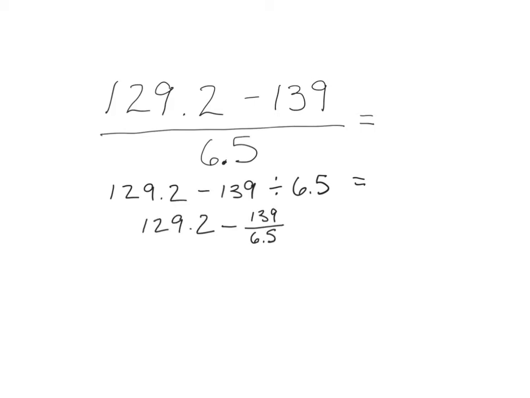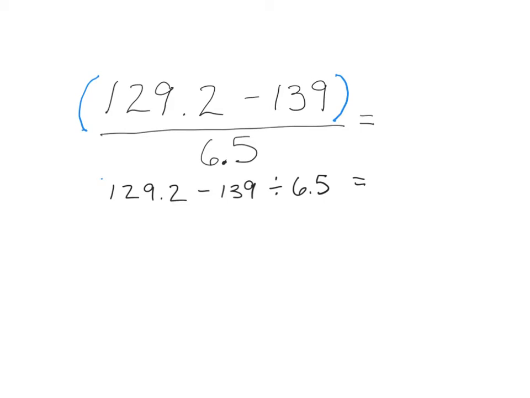Your calculator would see that as doing this problem right here, which is not what we want to do. So in general, numerators and denominators do not play well together, so we need to keep them separated with parentheses.